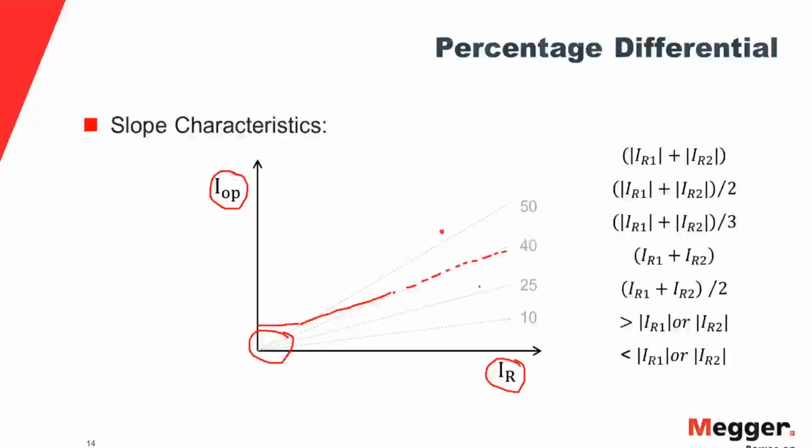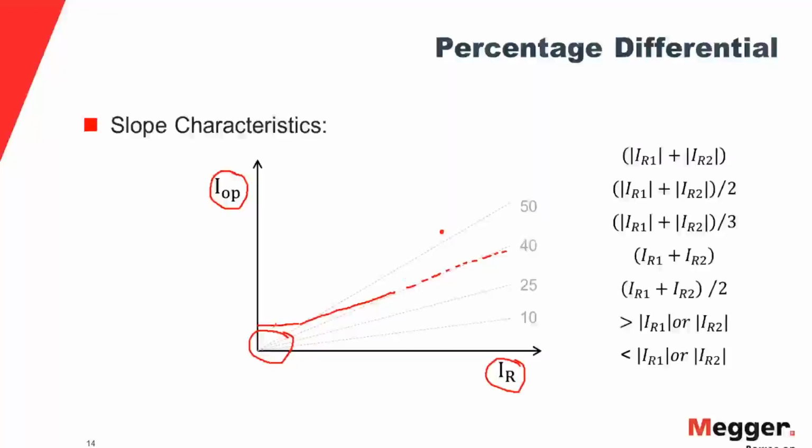So in order for you to protect against CT saturation on high magnitudes, you want to protect it more. So again, decreasing the sensitivity of the function. Here you're increasing the sensitivity, and in this part you're decreasing the sensitivity. So you'll have a slope higher than the slope number 1.